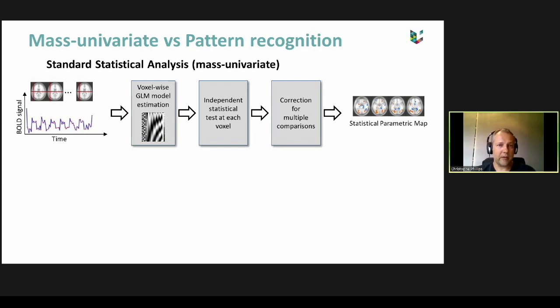With mass univariate, with the standard GLM SPM analysis, we start with some data on which we apply a model, and then we can make some statistical tests, and we correct for multiple comparisons in order to get a statistical parametric map. So here we know in advance, pretty much, we want to figure out where in the data, where here the blue and orange blocks, where does the model fit the data.